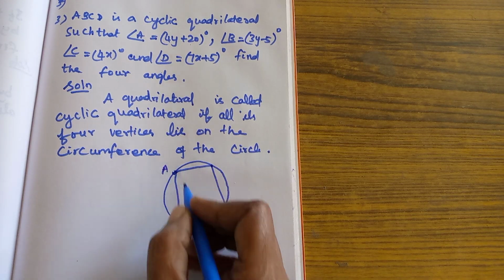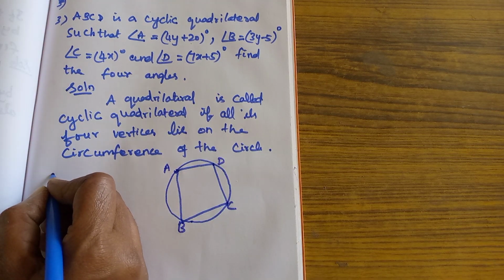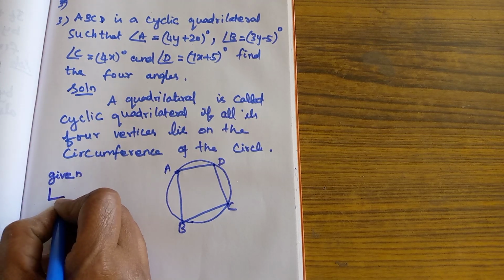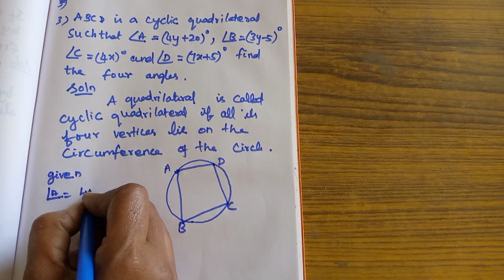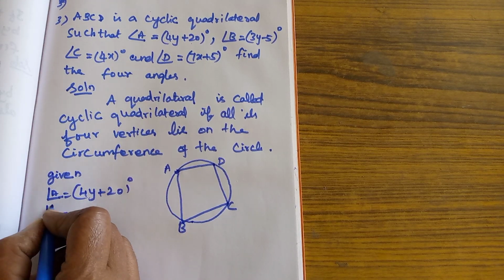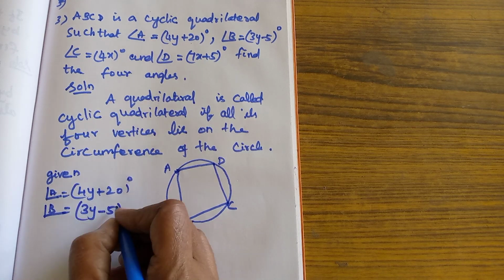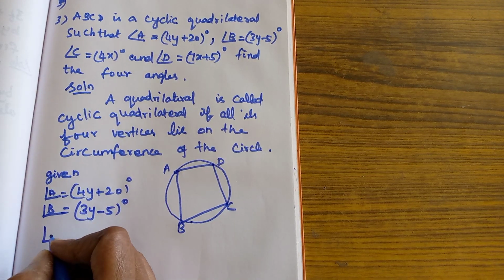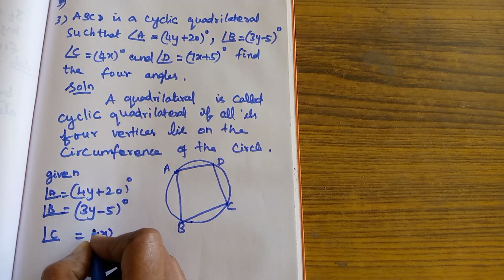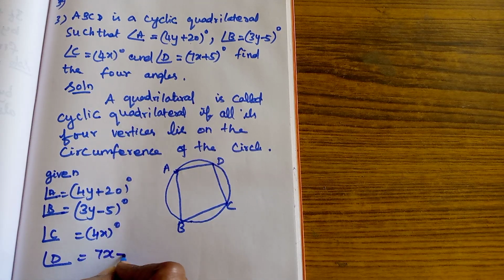Let us name it A, B, C, D. Given angle A is equal to 4y plus 20 degrees and angle B is equal to 3y minus 5 degrees. Angle C is equal to 4x degrees. Angle D is equal to 7x plus 5 degrees.